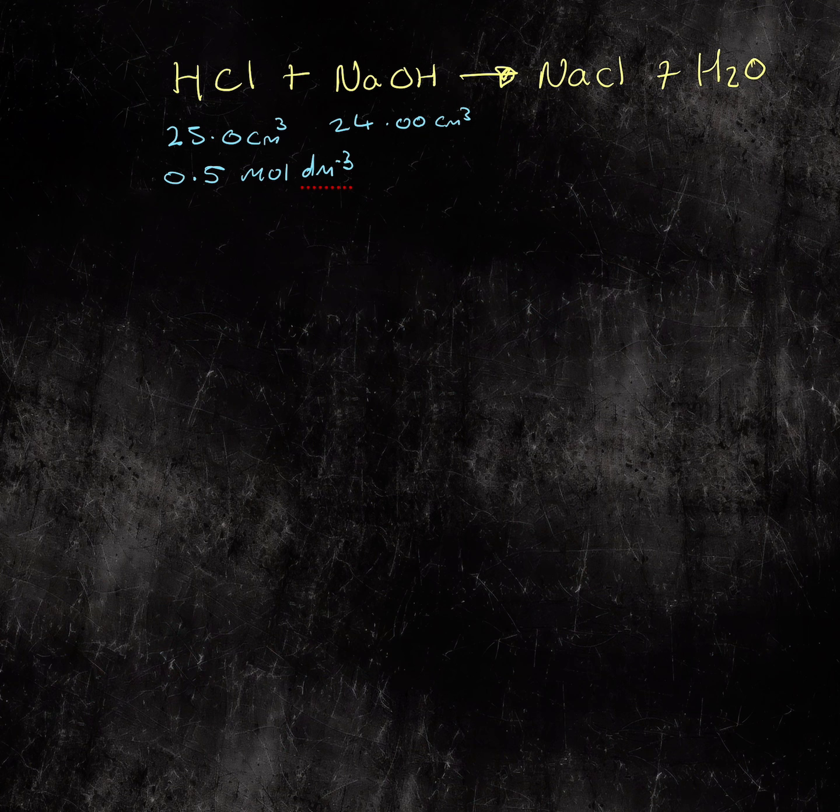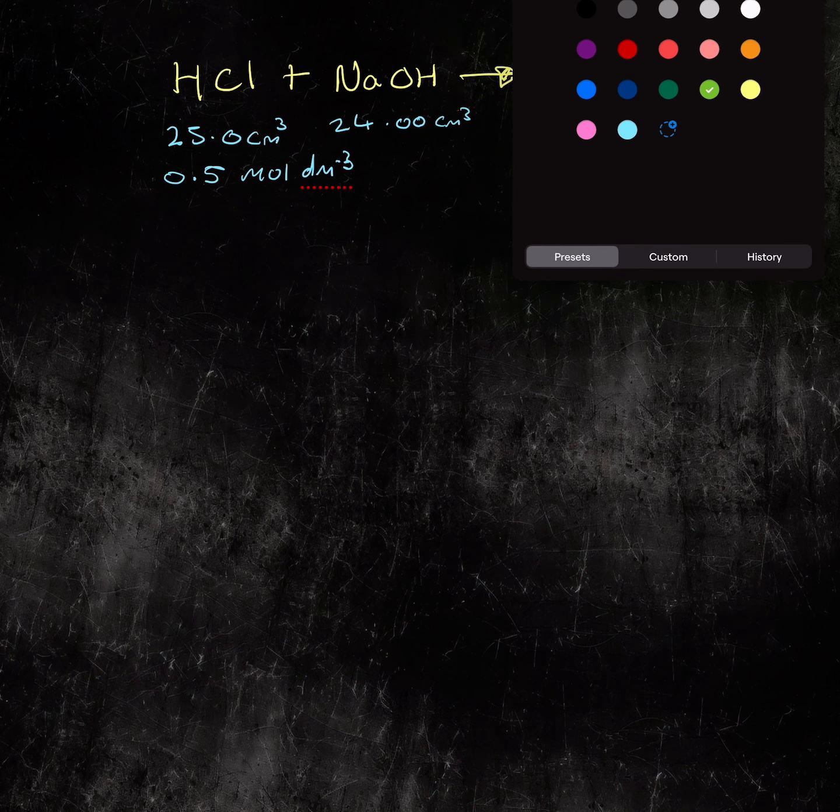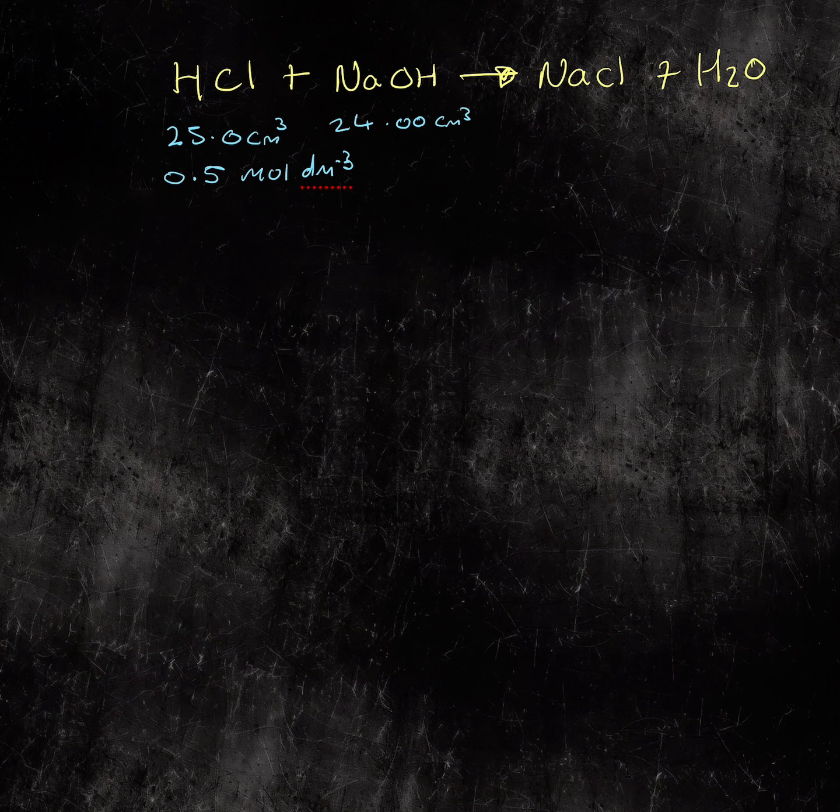Okay, and we know, because this equation is balanced, that one mole of hydrochloric acid reacts with 1 mole of NaOH. But by convention we don't write the ones in, that's why they're not there. Because that's nice and easy for us.